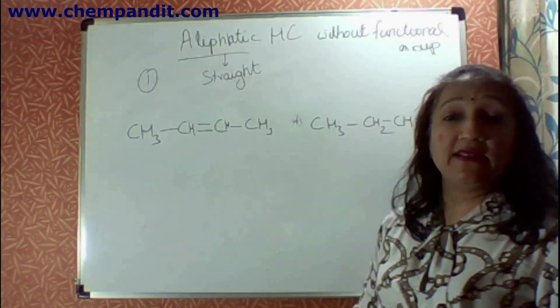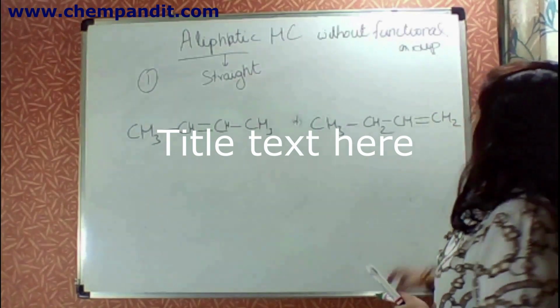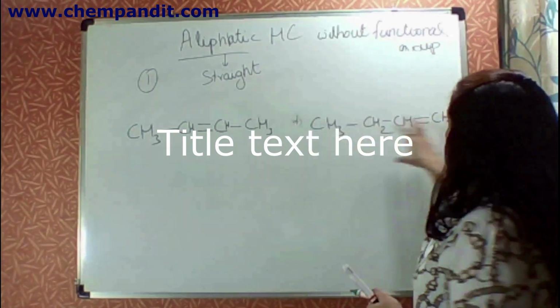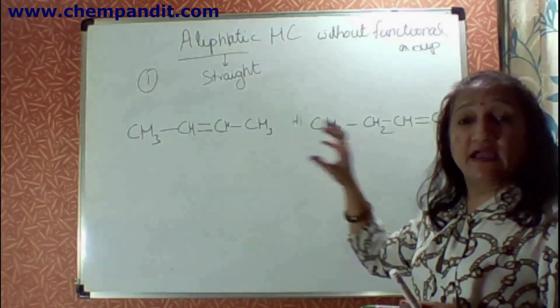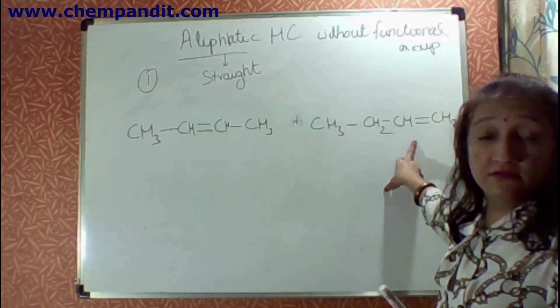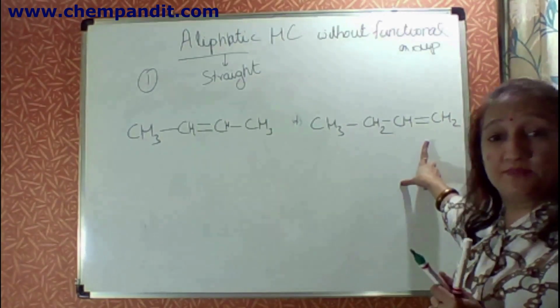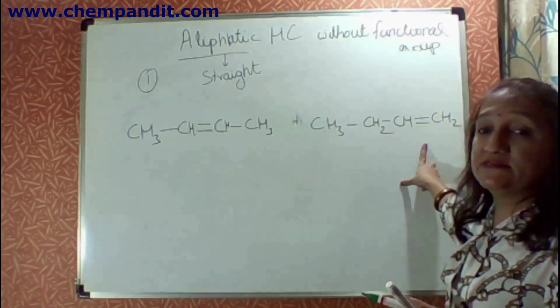Always remember, very important rule in IUPAC nomenclature. Whenever we identify the longest chain, we always number it so that the double bond or the triple bond gets preference, the lowest number.